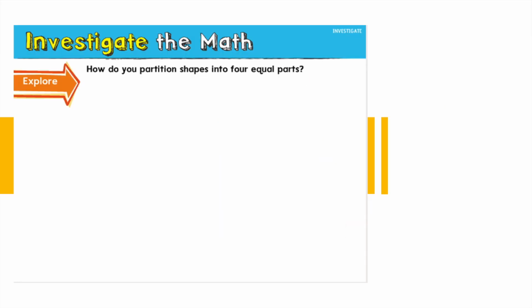How do you partition shapes into 4 equal parts? In other words, when we have a shape, how do we cut it or make it into 4 equal parts? Think about our circle from last time when we were cutting it in half. We go top to bottom.